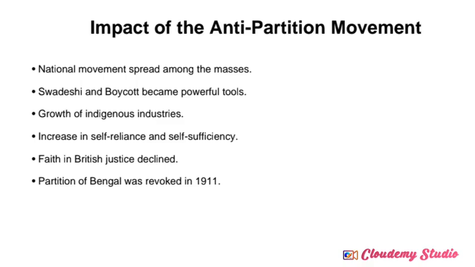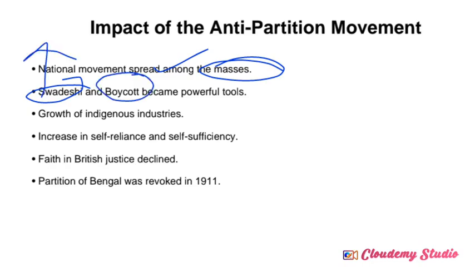First one, the national movement spread among the masses, means they successfully gathered mass people against the Britishers. Swadeshi and boycott means promoting the purchase of Swadeshi goods and boycotting the purchase of British manufactured goods. It became one of the most powerful tools at that time.